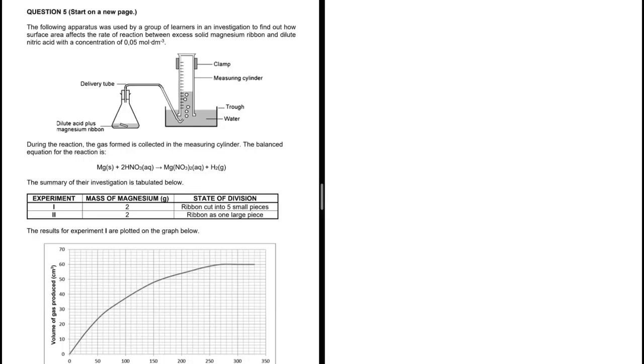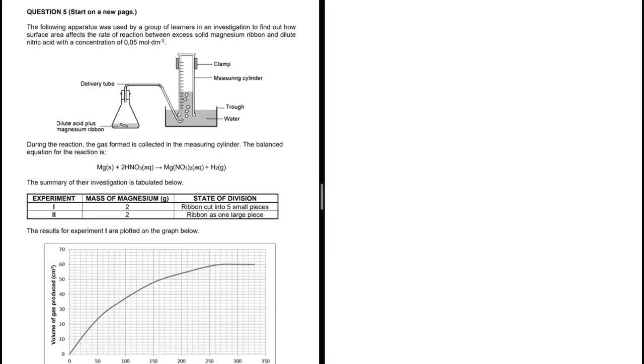So there we go. We have the number of moles of magnesium that were used. So we can go ahead and calculate the mass of magnesium. So the mass of magnesium that was used will be the number of moles multiplied by the molar mass. The number of moles is 0.0025. The molar mass of magnesium is 24. So we're going to have multiplied by 24, which is equals to 0.06 grams.